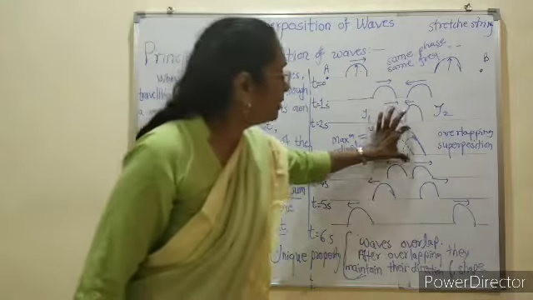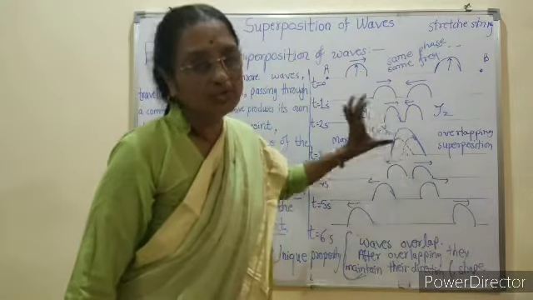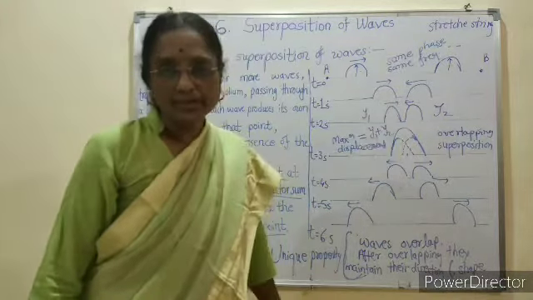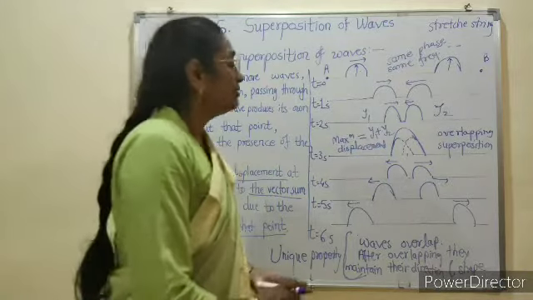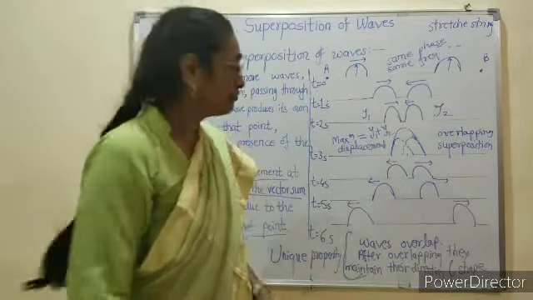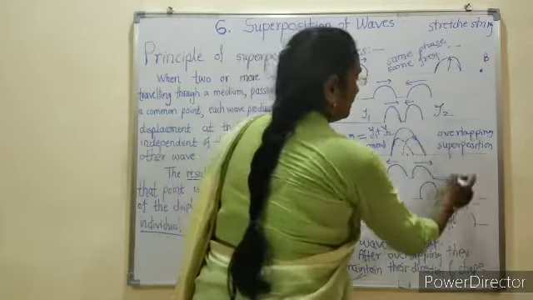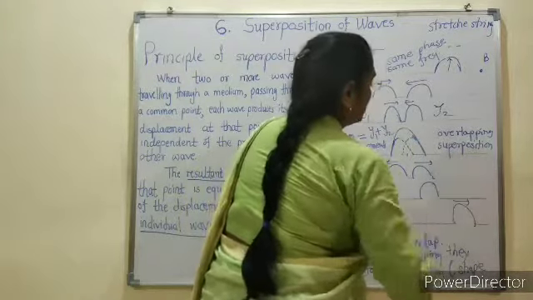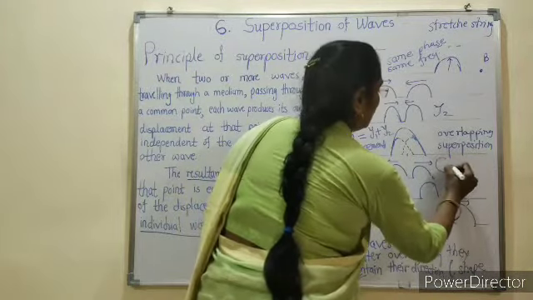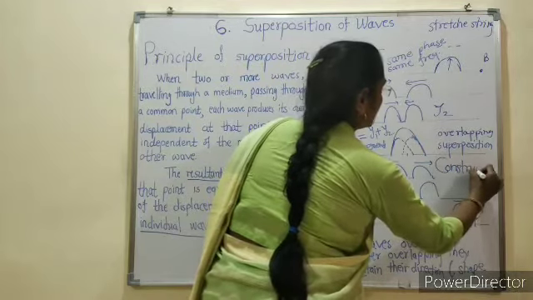Therefore, as there is addition of two displacements, we observe the maximum displacement, and this overlapping effect is called constructive interference.